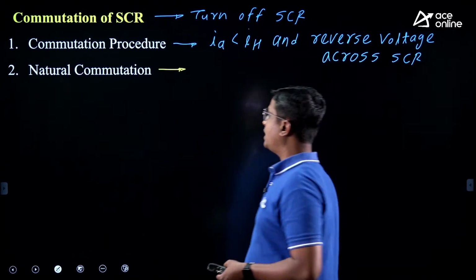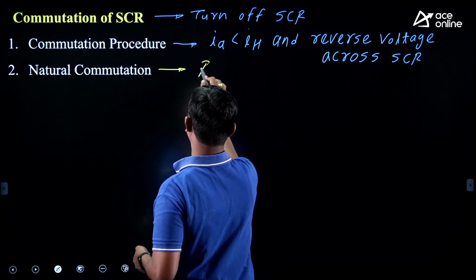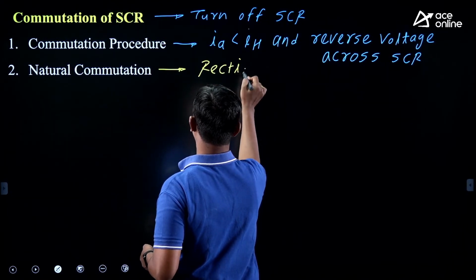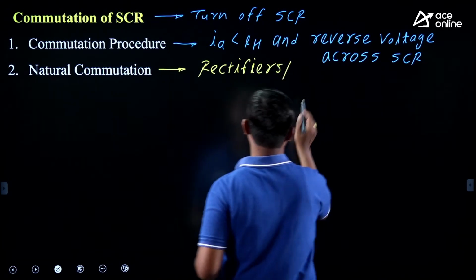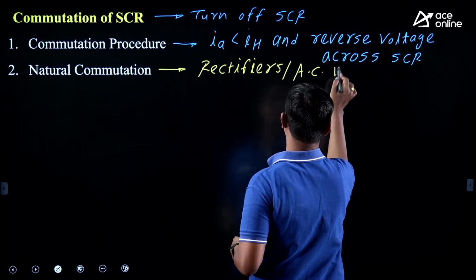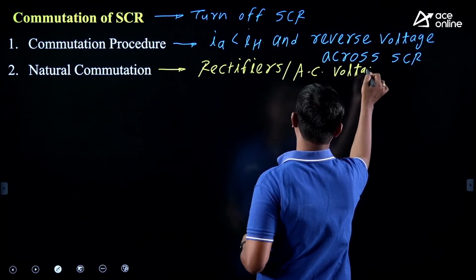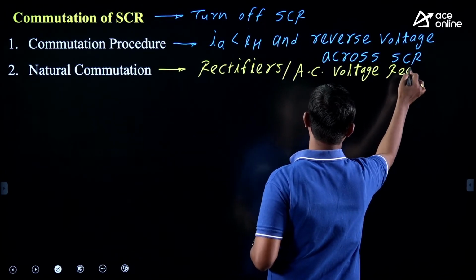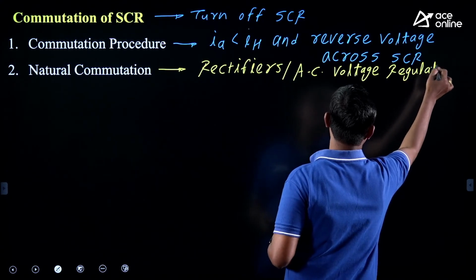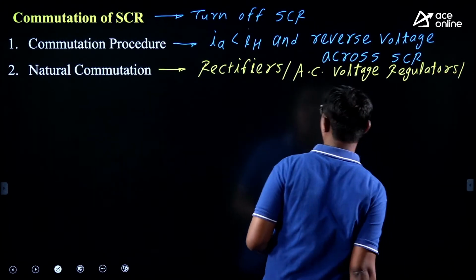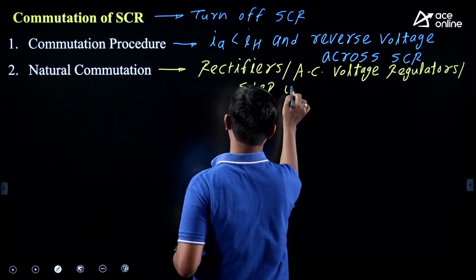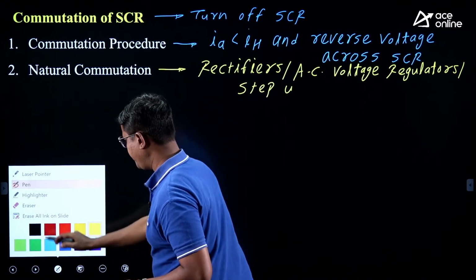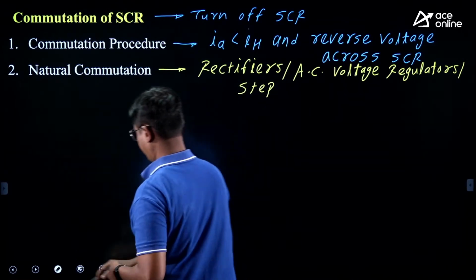So natural commutation is used in rectifiers, AC voltage regulators, and step down cycloconverters. They may frame a question.